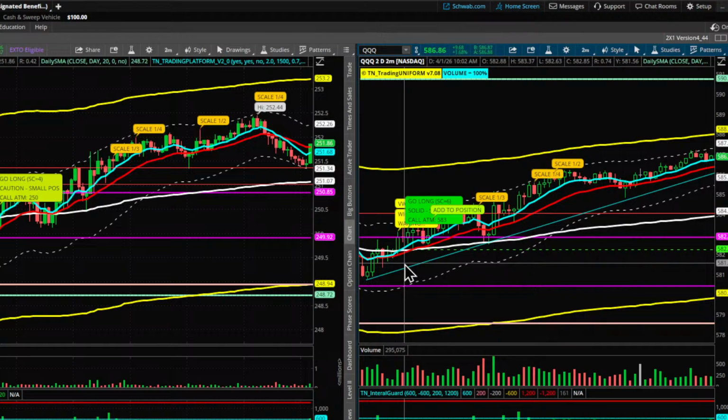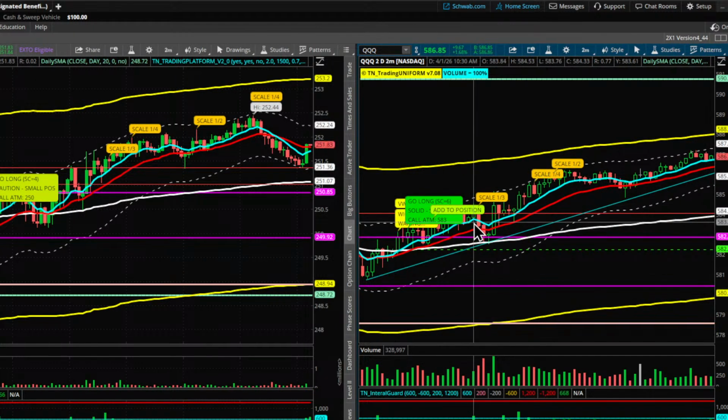And then when you pick a good setup, you don't know when to scale out or when to sell, so you tend to sell early.